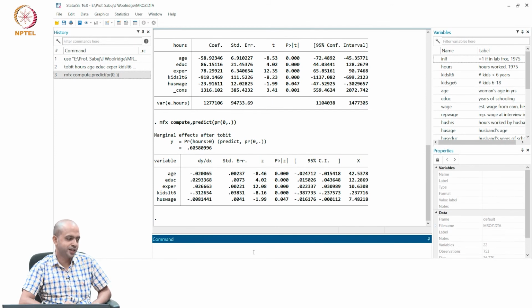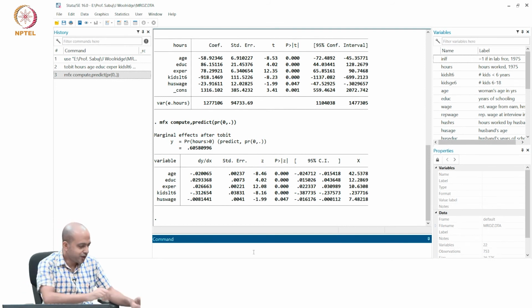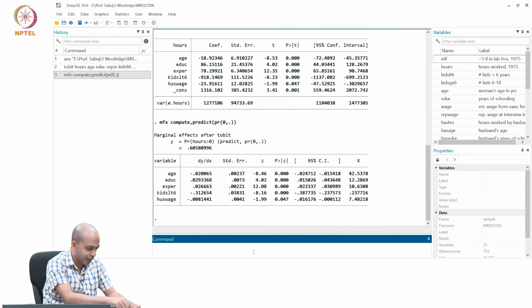So, now I can say that for a unit change in age, the probability of labor force participation goes down by 0.02 unit. Now, if I compute the same model using Probit, what will happen?